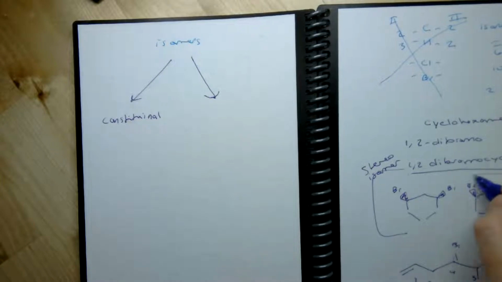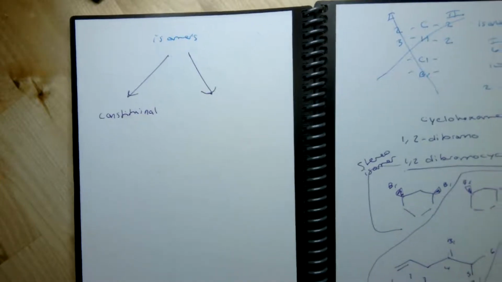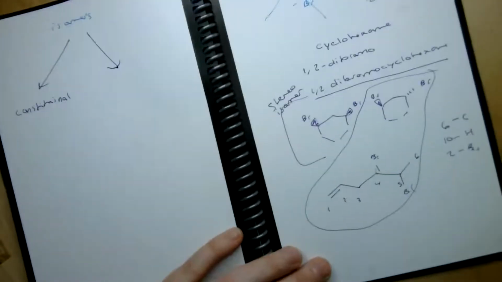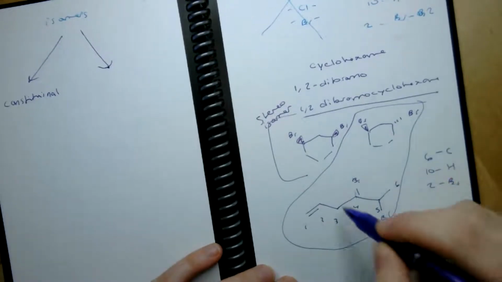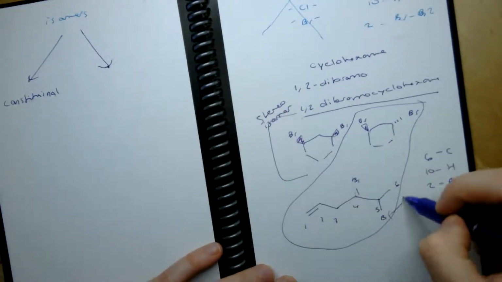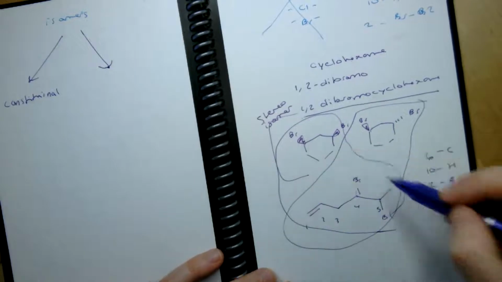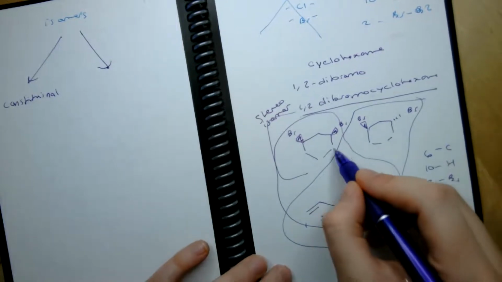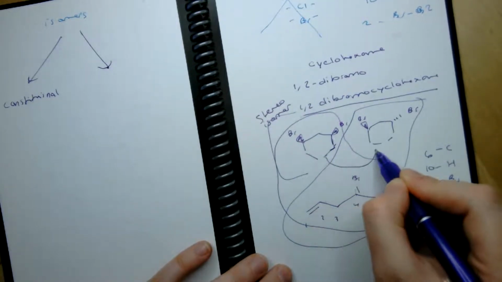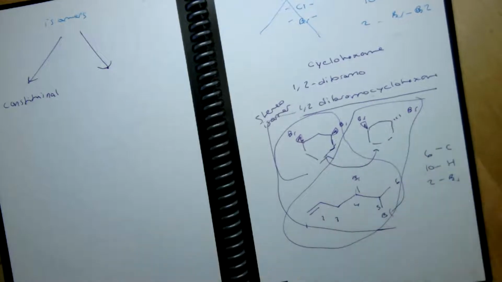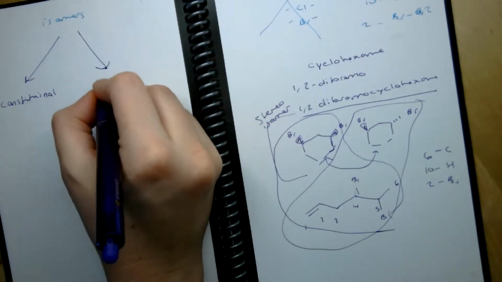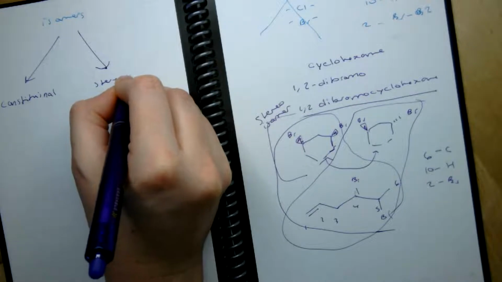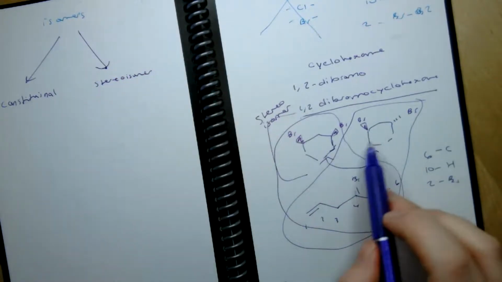So this is a constitutional isomer pair because, sorry, I'm going off camera, it has the same number of carbons, hydrogens, and everything as these two. So these are constitutional isomer pairs. But this is not a constitutional isomer of each other because it's arranged exactly the same way. It's a cyclohexane with 2 bromines on the 1 and 3 position. So this must be a stereoisomer, if you can compare these two together.